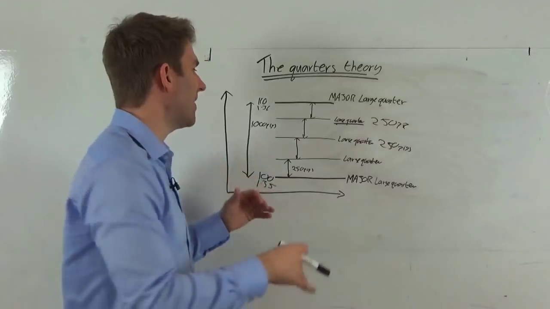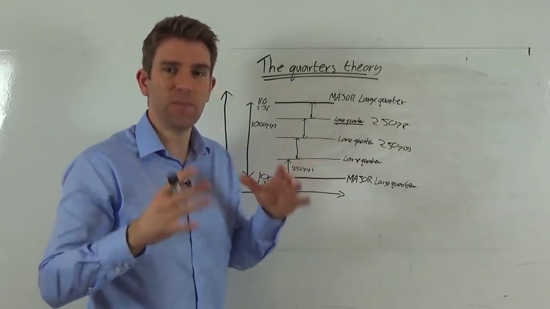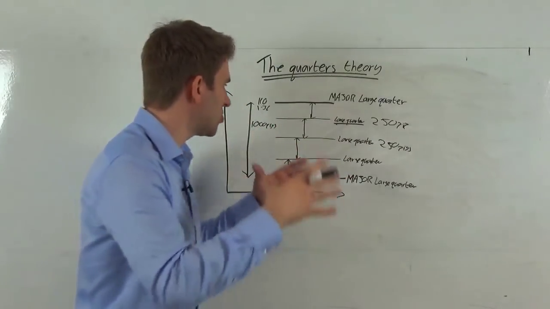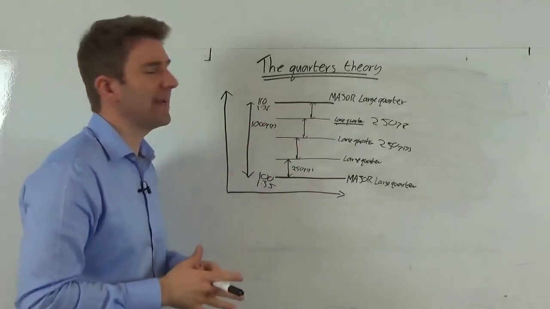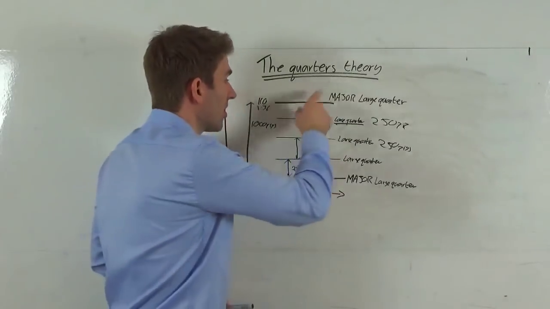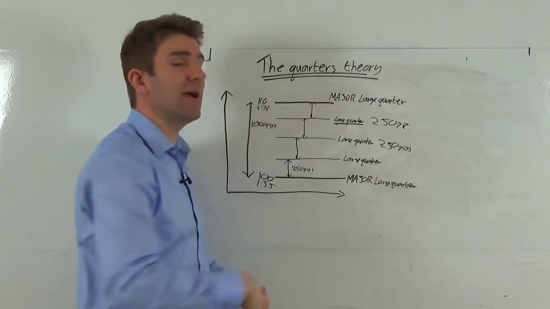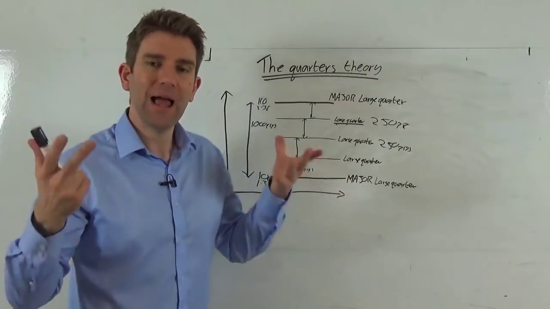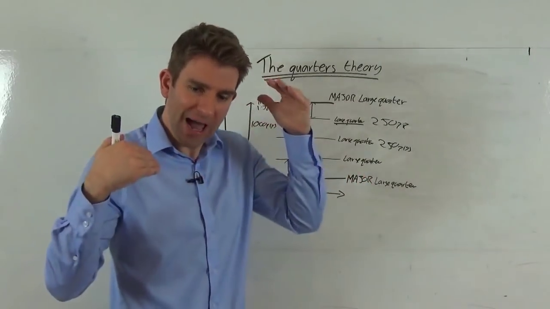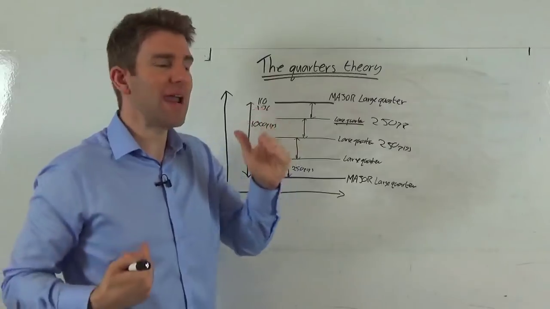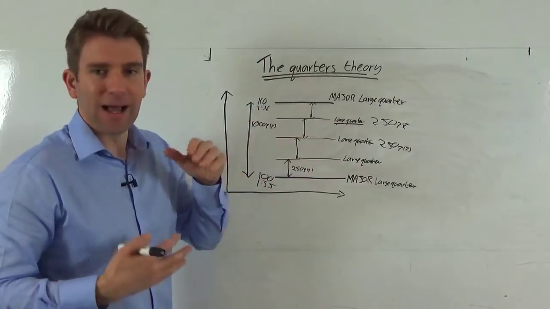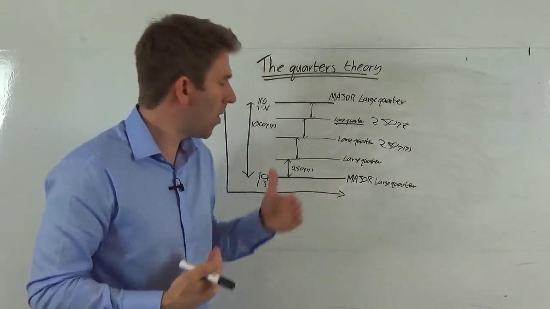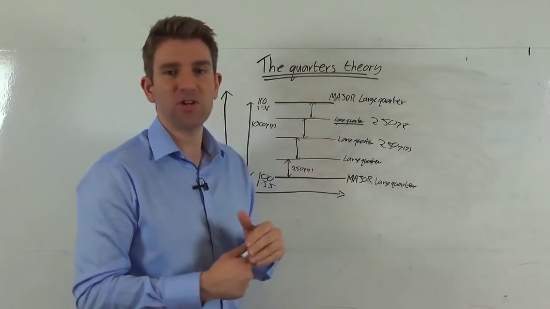You can very quickly assess a currency pair by looking at which quarter it's in. Now, is that to say it's going to always go from that large quarter to the major large quarter? No, of course not. However, it gives you the ability to frame the trade and say, hey, it's in the middle here. We've got some strength. We might well be chugging on to the next major large quarter.